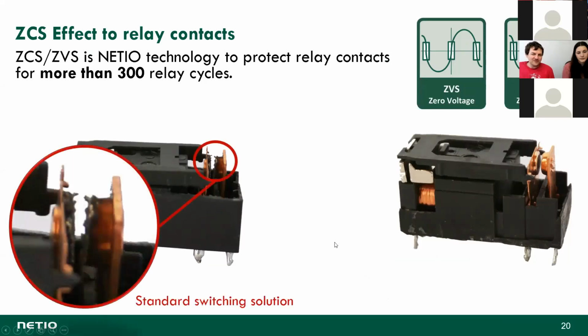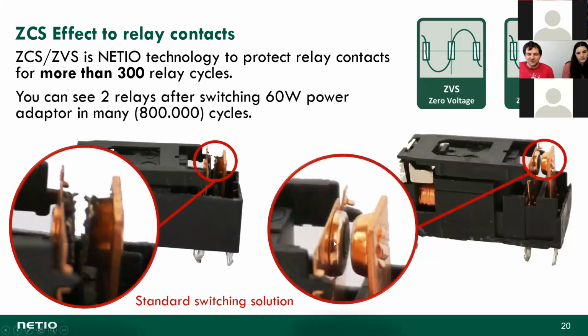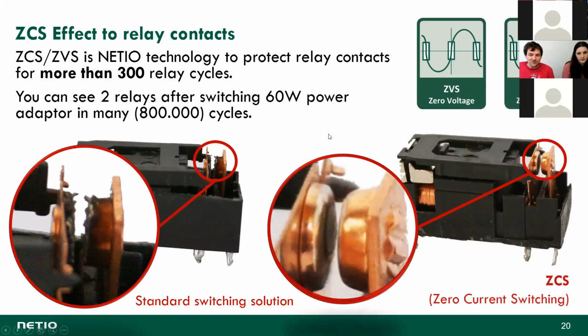This is two relays from the same test we did. This was quite a lot of cycles, but with very low load. So this is a relay without zero current switching, and this is a relay with zero current switching. Here you can see a little bit that the contact is already harmed, but much less than you can see on the left.